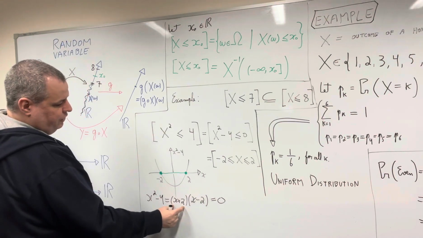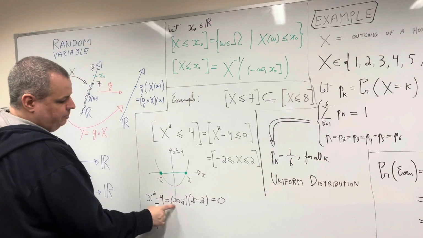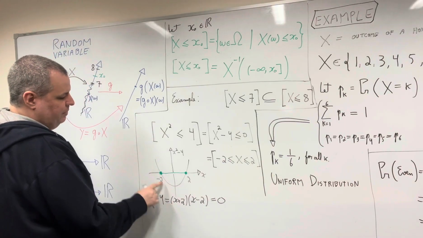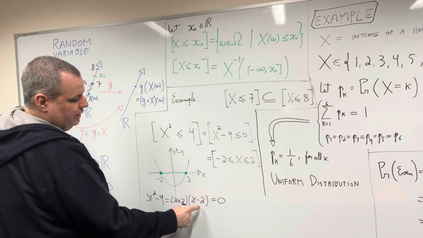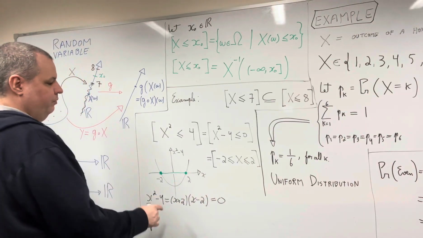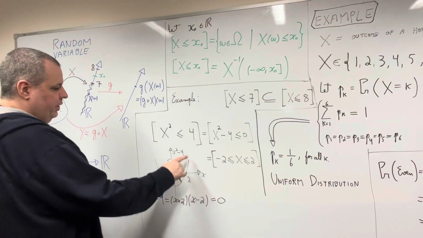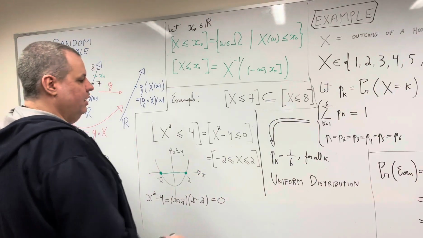If x plus 2 is 0, then x is minus 2, and if x minus 2 is 0, then x equals 2. So these are the points where the parabola intercepts the x-axis.